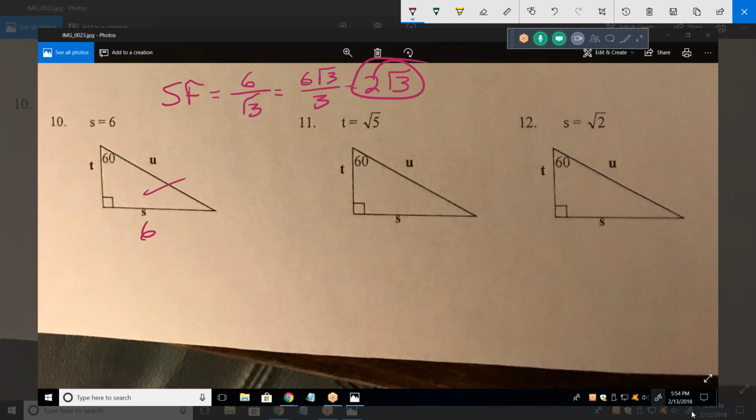Now, tell me what t is. Would it be 2 root 3? Mm-hmm. We're going to take our scale factor and multiply it by the dimensions of the unit one, which were 1. Now tell me what u is. Would it be 12? No, what is the hypotenuse of our unit 30-60 triangle?